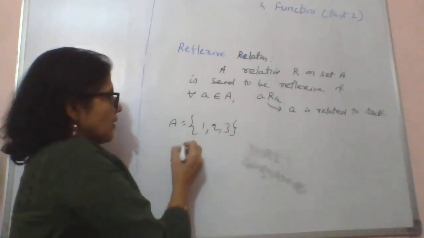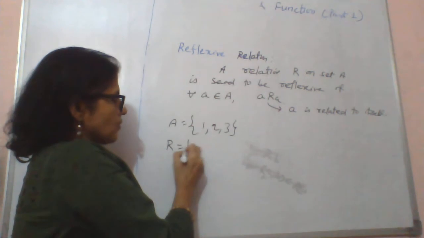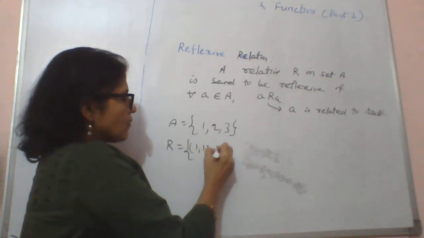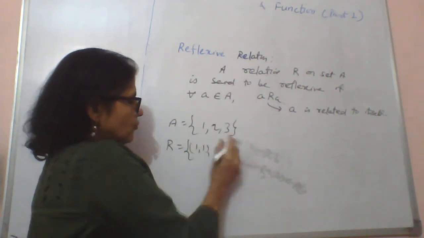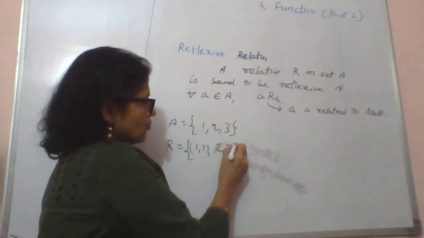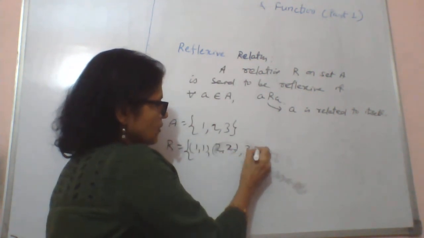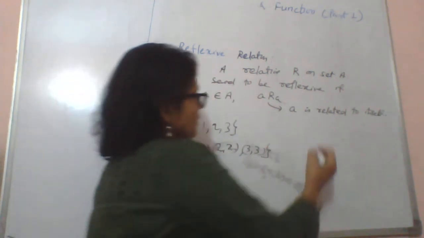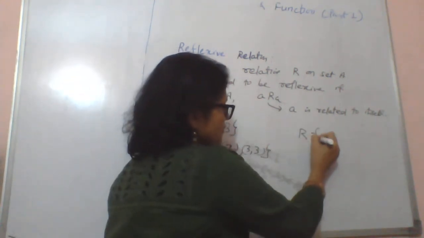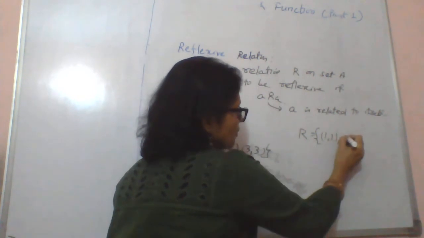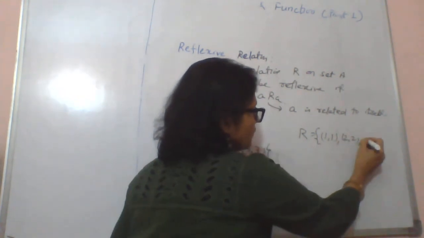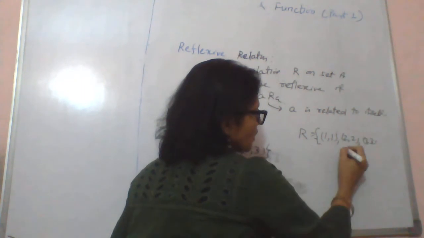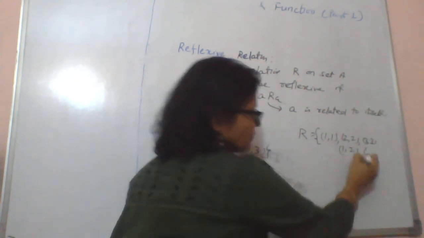Now R is a relation. If I write (1,1), (2,2), (3,3), and in another case I write (1,1), (2,2), (3,3), I may write (1,2) also.